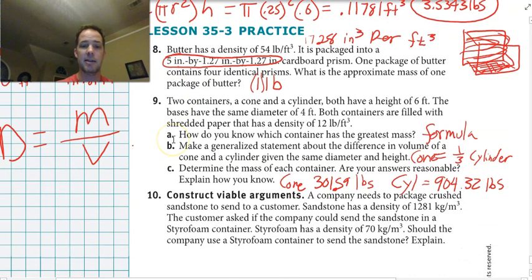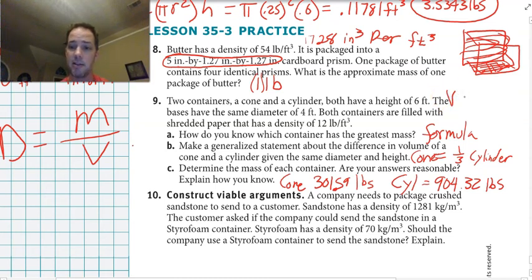Question number 9 is asking about a cone and a cylinder with the same base and height. Both containers are filled with shredded paper that has the same density. Which container has the greatest mass? Well, since they have the same density, it's just whichever one has the greatest volume. And obviously a cylinder would have a greater volume than a cone, and we can tell from the formula.